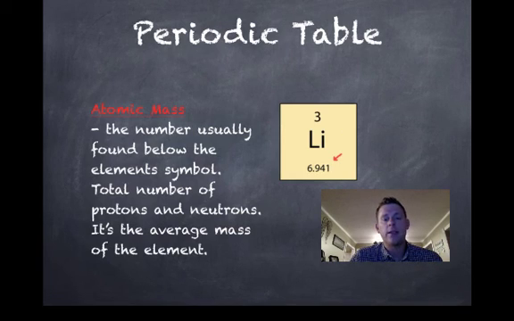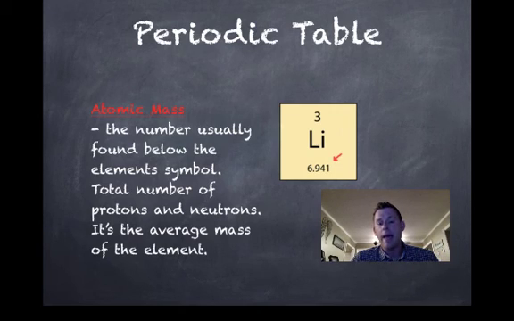Atomic mass. Atomic mass is the number usually found below the element symbol. It's the total number of protons and neutrons. It's the average mass of the element. Remember, the mass is where the protons and neutrons are in the nucleus. So here for lithium, the atomic mass is 6.941.